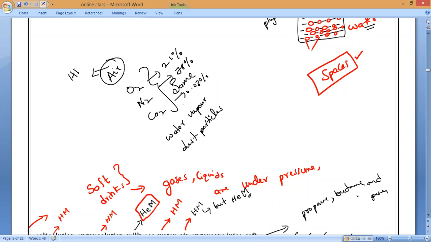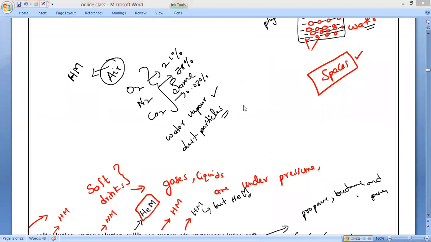But are water vapor and dust particles the same throughout the world? No. In some places water vapor is more, and in industrial places some dust particles are more. That is why air does not look like a homogeneous mixture, but it is actually a heterogeneous mixture.